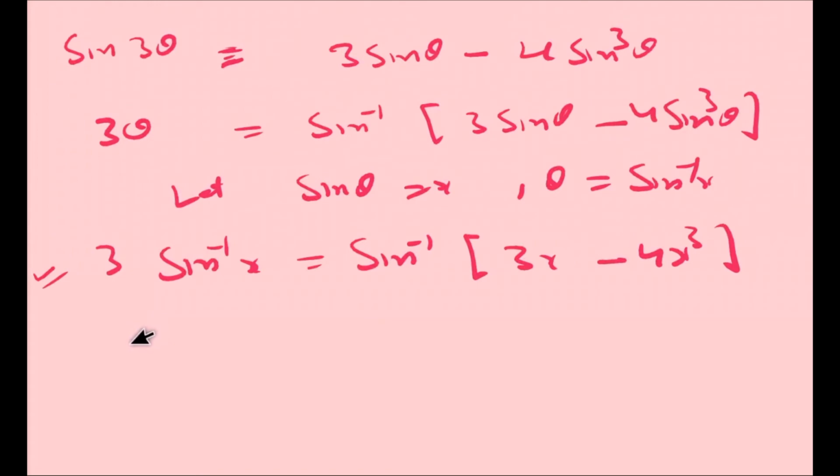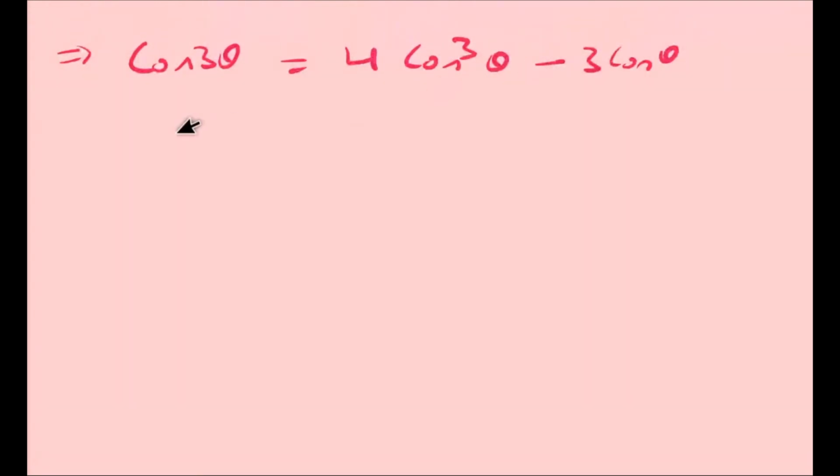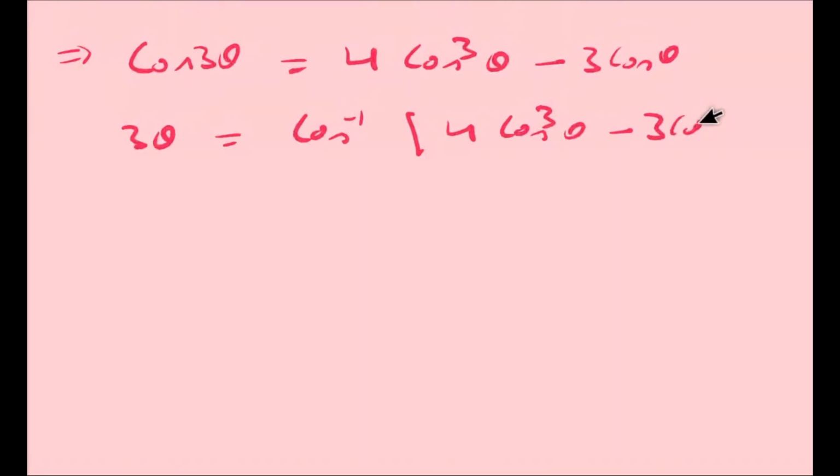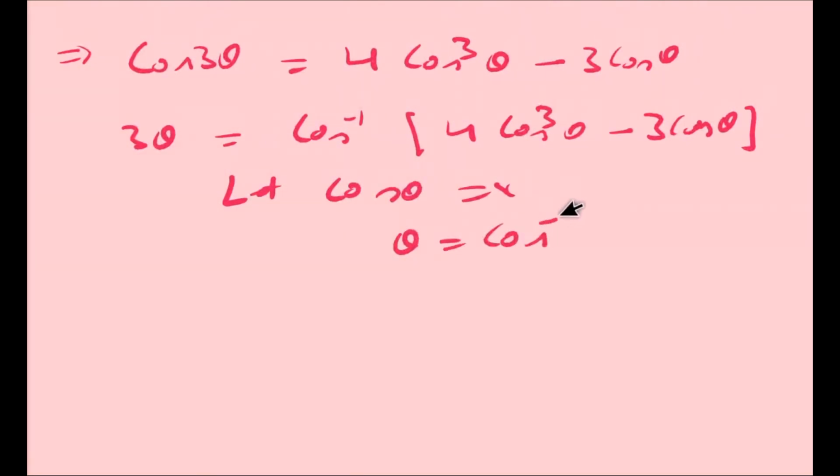Similarly, if we want to find the value of cos 3 theta, what is the formula of cos 3 theta? That is 4 cos cube theta minus 3 cos theta. So we get 3 theta equals cos inverse (4 cos³ theta − 3 cos theta). Putting here, let cos theta equal x, therefore theta equals cos inverse x.